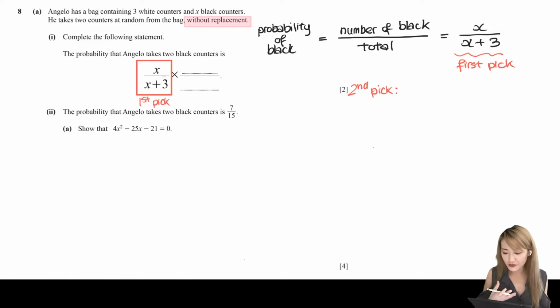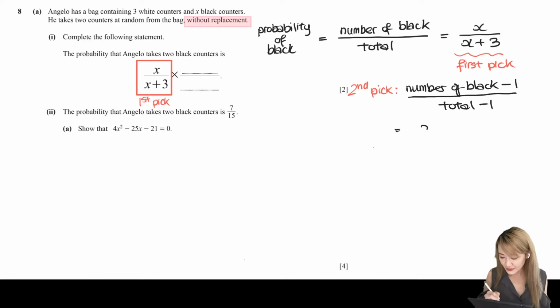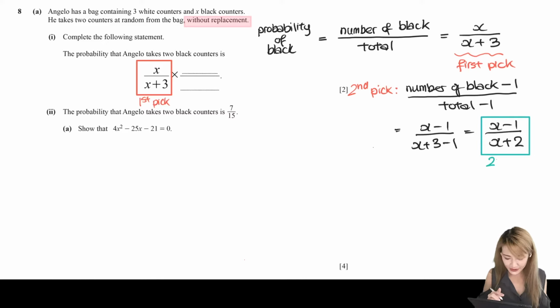So the probability of getting black for the second time would be the number of black counters minus 1, because there's 1 less, divided by the total number of counters minus 1, because we already took out another 1. So that's x minus 1 over x plus 3 minus 1, which simplifies to x minus 1 over x plus 2. So that is what goes there. The second pick goes to where it multiplies, and that's the empty space over there. So we will fill in x minus 1 over x plus 2 in the empty space.